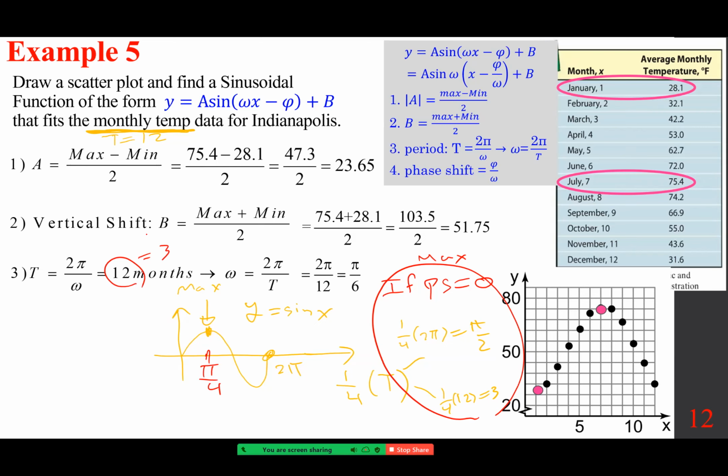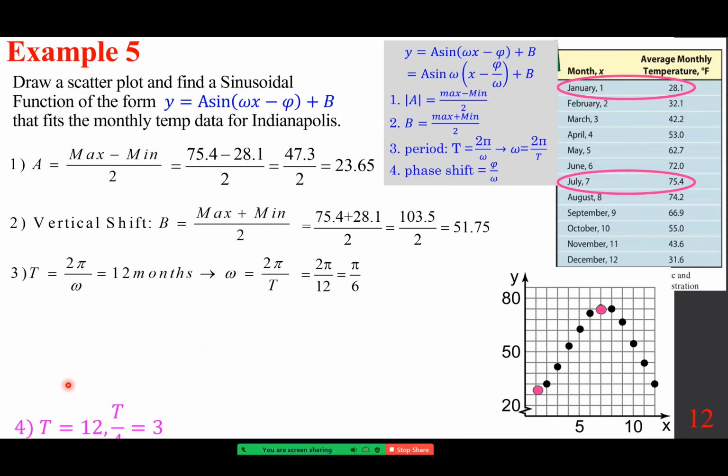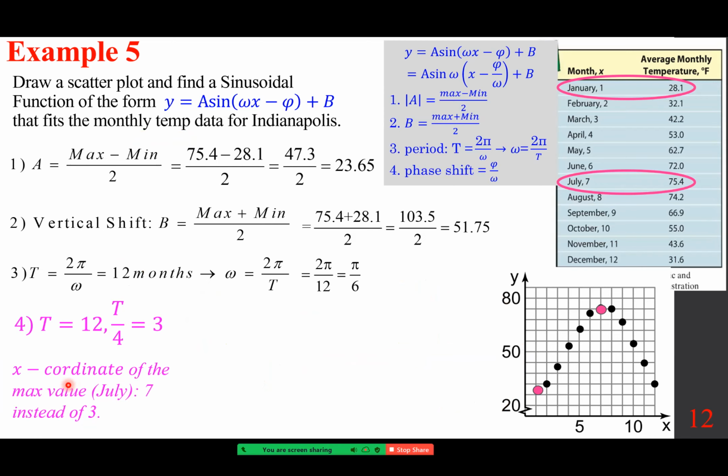How do we calculate the phase shift? The difference between the two. The month of July is the 7th month. Therefore, 7 minus 3 is when it happens. So x coordinate of the maximum value, July, is 7 instead of 3. So the phase shift must be 4.